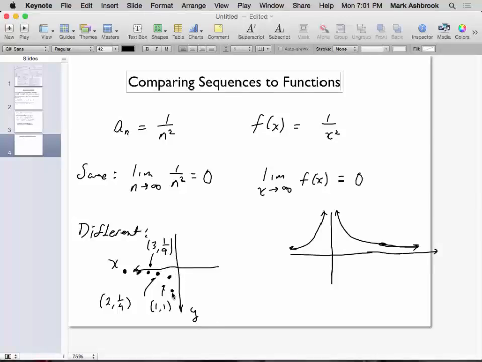Okay, and if we did it conventionally, those points would land right on this, right? Those points would land right on the function. And so the limit would have to be the same of the function and the sequence. Okay?